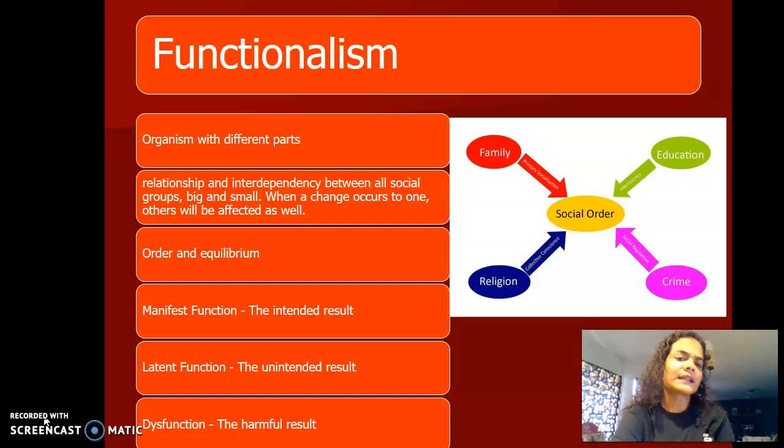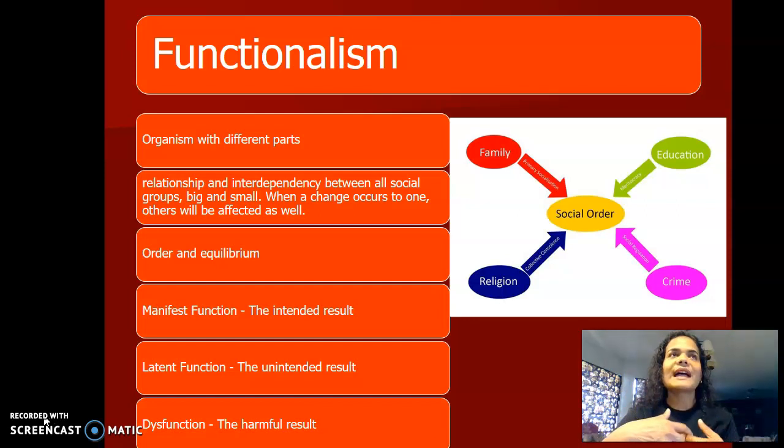Functionalists believe that society is like a giant organism with different parts. The social institutions are the different body parts of this giant organism. Just like in an organism, these institutions are interconnected. Because they are interconnected, there's a relationship and interdependency between the different parts.